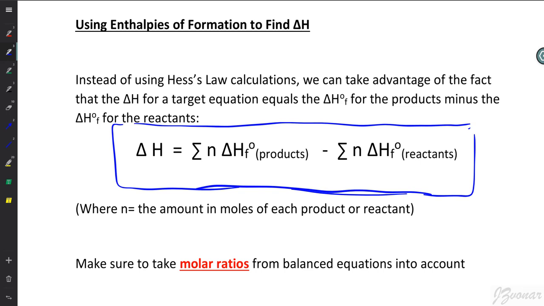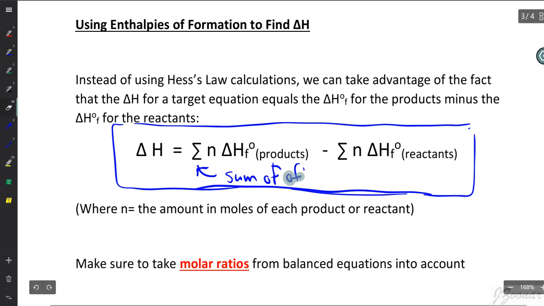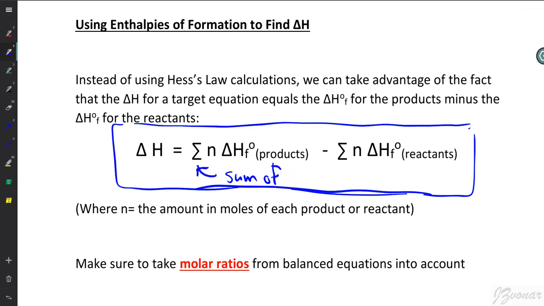Delta H equals the sum of, this is a Greek symbol that means sum of, the moles times the delta H of formation of the products minus the sum of the moles times the delta H of formation of the reactants.